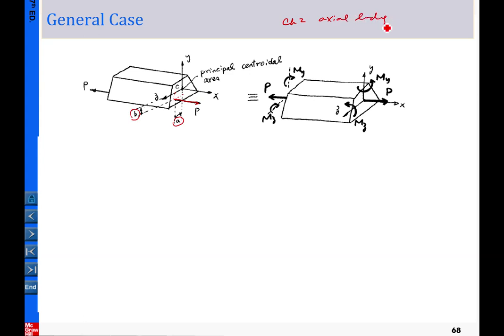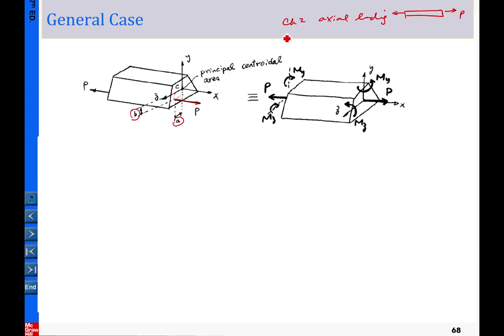In chapter 2, we have the loading P applied in the axial direction, and in our template we assume the P is through the centroid, so it is only pure axial loading. It wouldn't induce any bending.